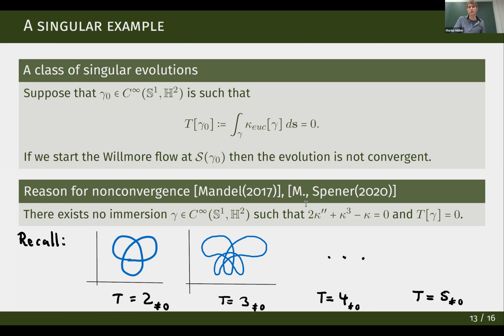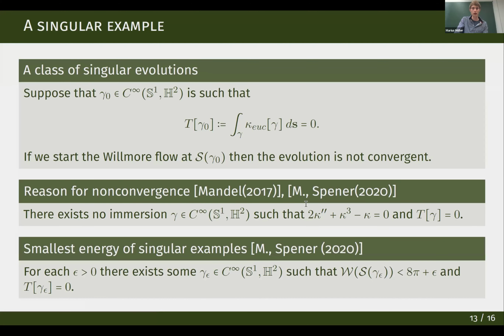Basically, we had to do the same thing already for the elastic flow, or for the flow of the Elastica energy. All right. What one needs to show now, I claimed that just slightly above the threshold of 8 pi, there are non-convergent evolutions.